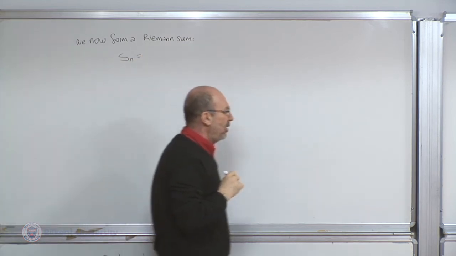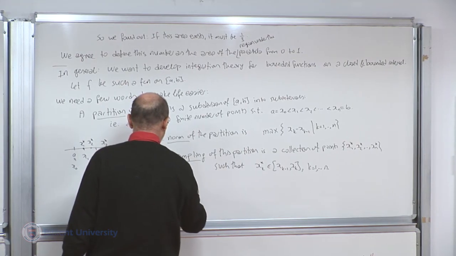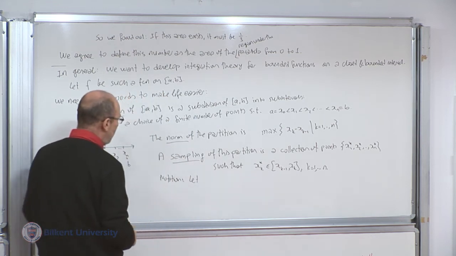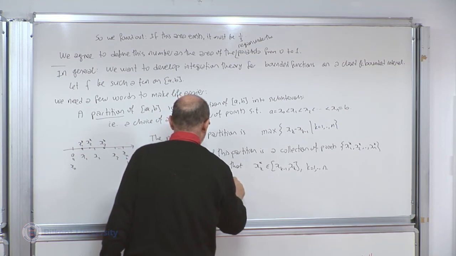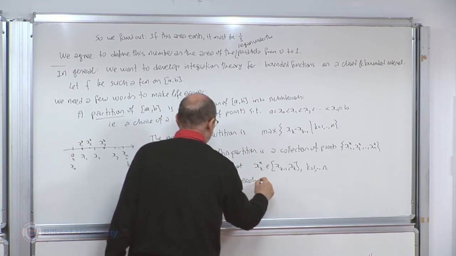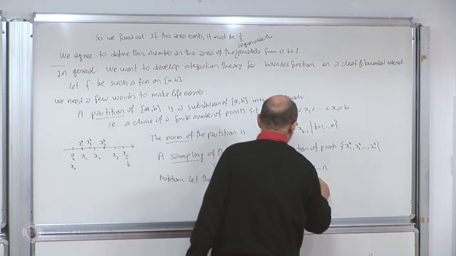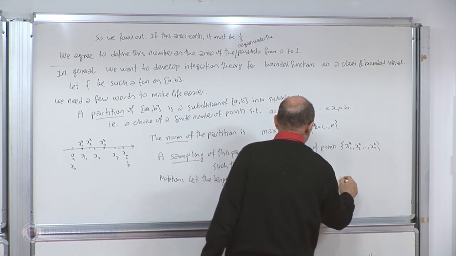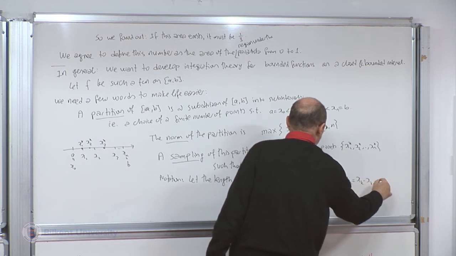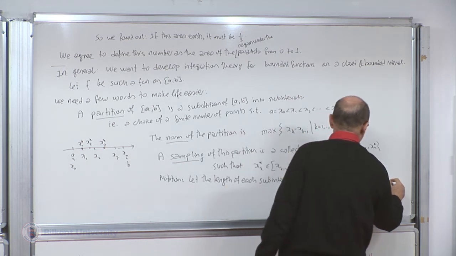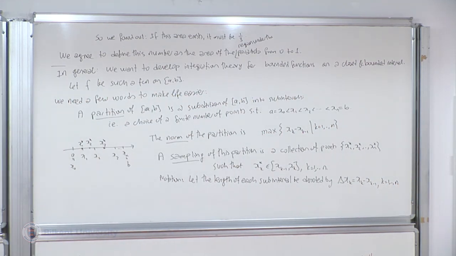I think I need one more definition here, this notation. Let the length of each subinterval be denoted by delta xk. Well, this is xk minus xk minus 1. Again, k goes from the first interval to the last interval. Okay, so now I form this summation.